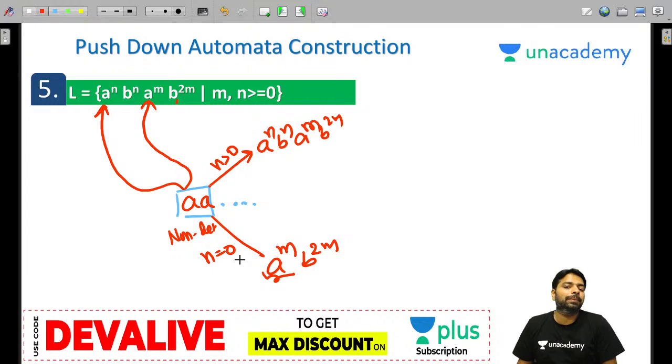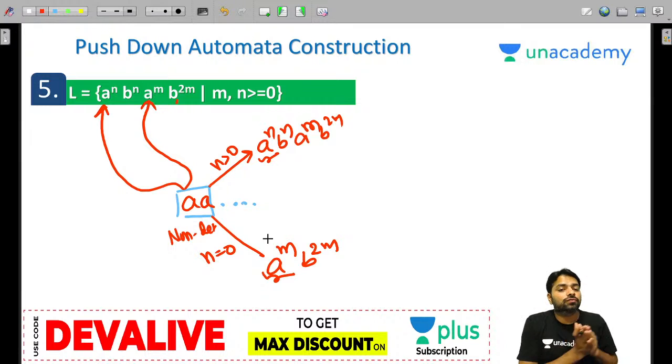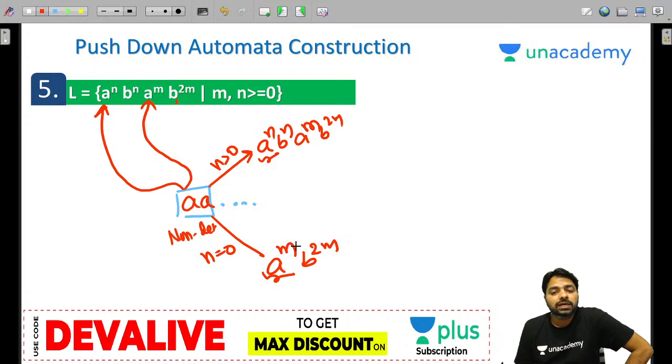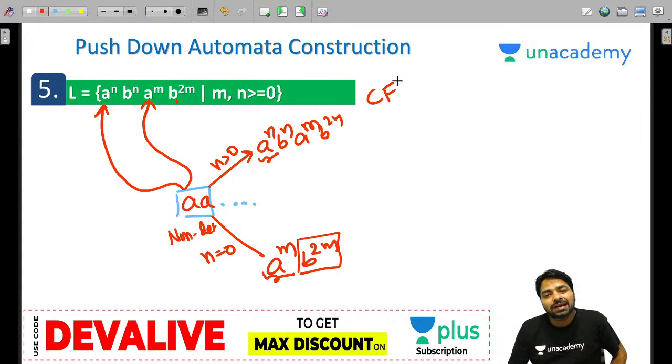Here you have to take a non-deterministic choice. If these A's belong to the first A's, the logic is different; if they belong to the second A's, the logic is different, because the B's count changes. Even though you push A's blindly, for B you have to take the non-determinism. This is a CFL only, but not a DCFL.